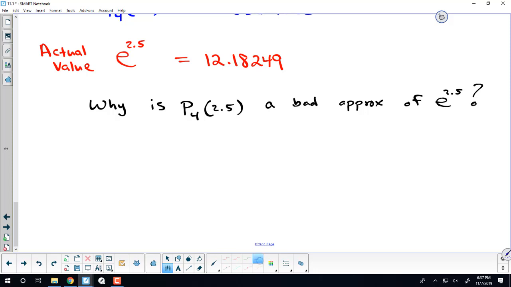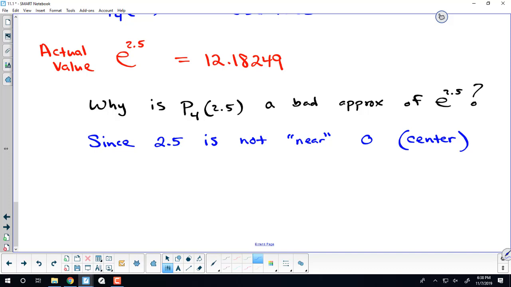So 2.5 isn't, you know, quote unquote near 0. So we'll just say that since 2.5 is not near 0, which was our center, that's pretty much why it was off.